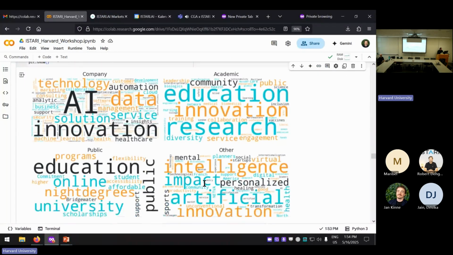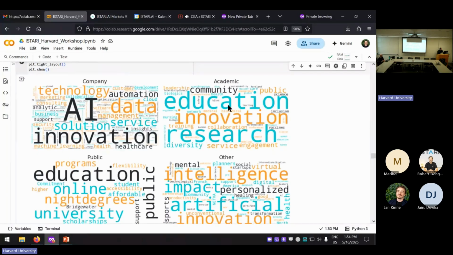And there, we can see that in academic, it's mostly about education, innovation, research, diversity, inclusion, right? So they have different topics compared to companies where it's mostly about automation, data, solution, innovation, also healthcare again. And in public, it's about programs, education, degrees, universities, scholarships, public, and so on.